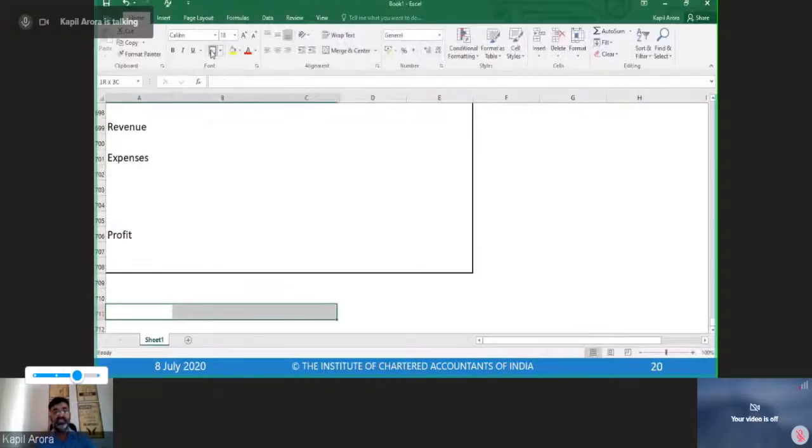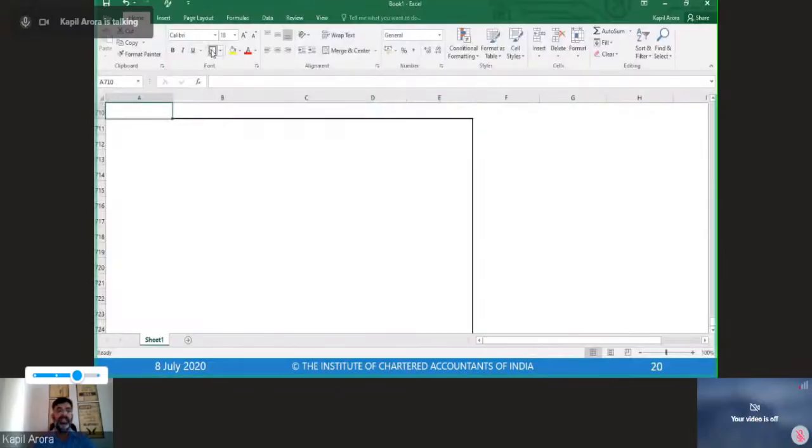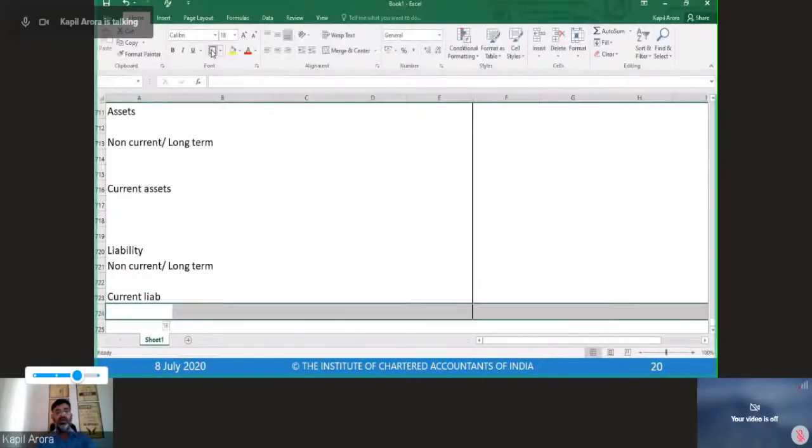In the balance sheet again, we have all the items: assets, which are non-current, long-term, and current assets. Similarly, on the liability side, non-current, long-term, or current liabilities, or we may have equity also.